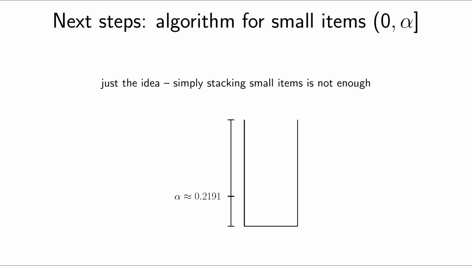We emphasize that simply stacking these items is not enough to obtain the desired gain. To give you a taste of the ideas we use to solve the problem of small items, we consider the fourth option besides combining waiting and stacking. This fourth option is to merge a number of small items into a medium item.